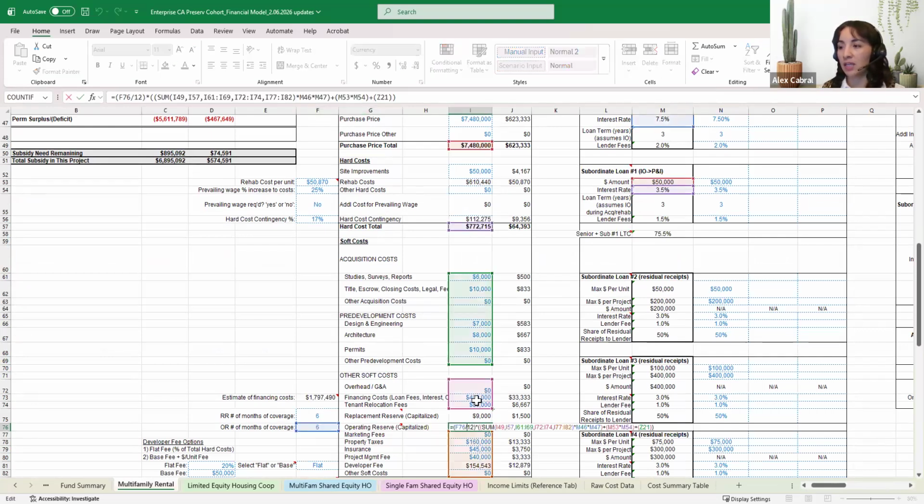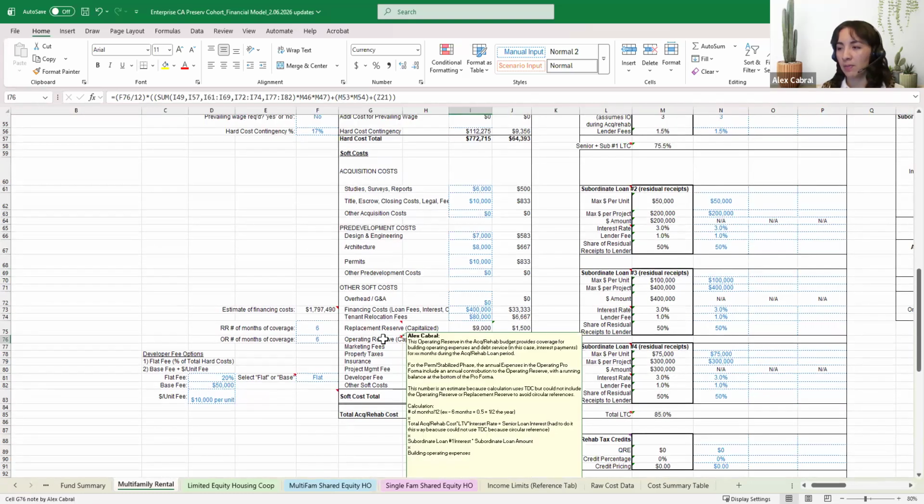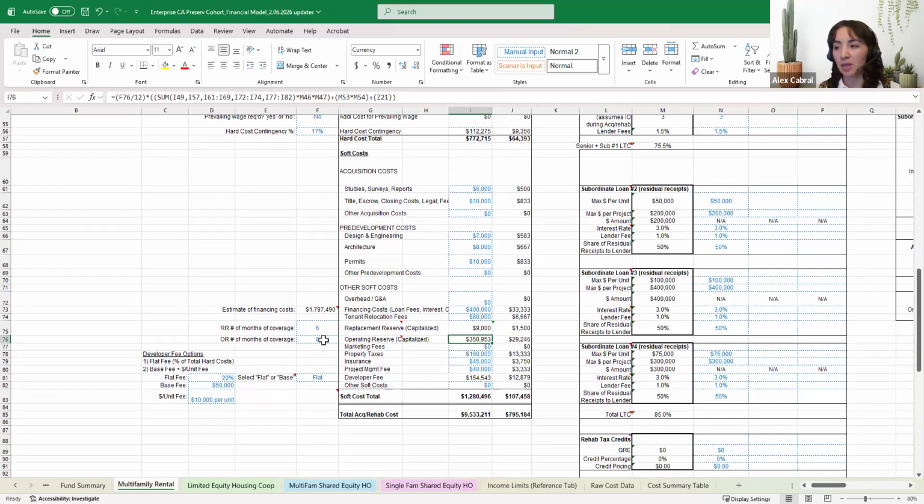What this calculation is doing is described here in this note, but it's essentially calculating the cost of operating the property using the assumptions we've included here, plus the cost of debt, and it's providing you with a six months capitalized operating reserve.